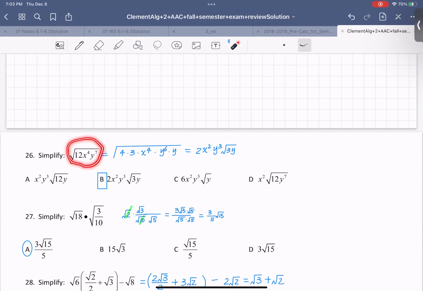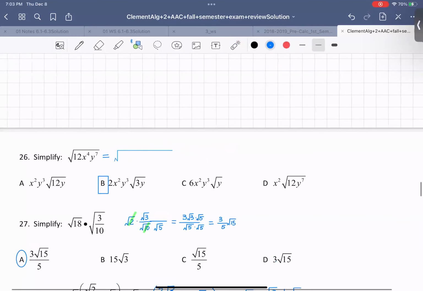For this guy here, this is 12. So let's do here. Abby, let's do this one together. 12 is who by who? 4 by 3. So I'll do 4 by 3. And then x to the power 4, I just leave it. It's an even, so I leave it.